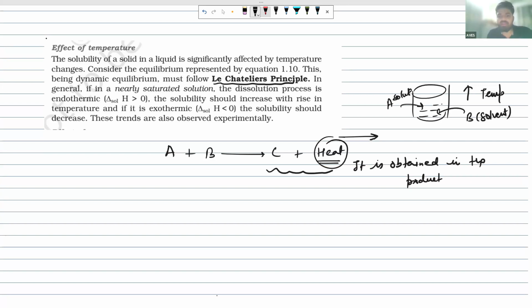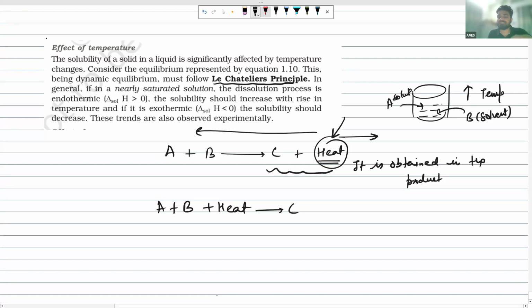For example, for the same reaction A plus B, if you keep giving heat here, this reaction will not proceed. It will try to move in the backward direction. If you provide heat, it goes back, meaning it will separate A and B.